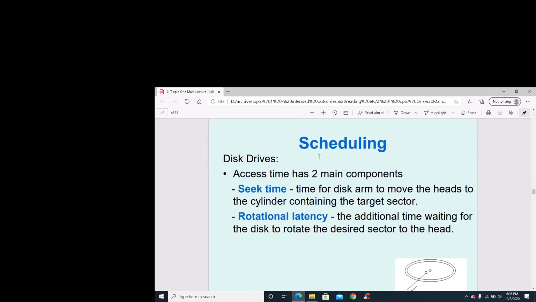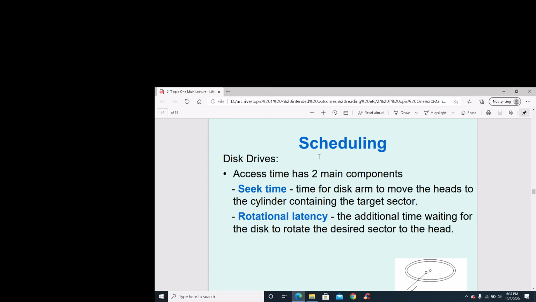And let's move on to the heart of what I'm here to talk about as far as disk drives are concerned. We're not talking about robotic devices, we're not talking about collision avoidance systems or anything else at the moment, but there are similarities and parallels between all those systems. So the access time of a hard disk drive has two main components.